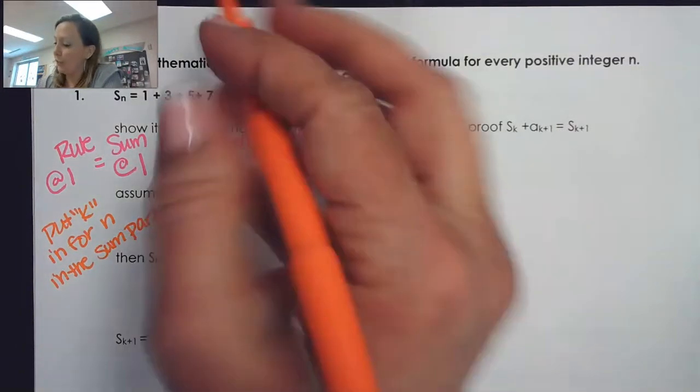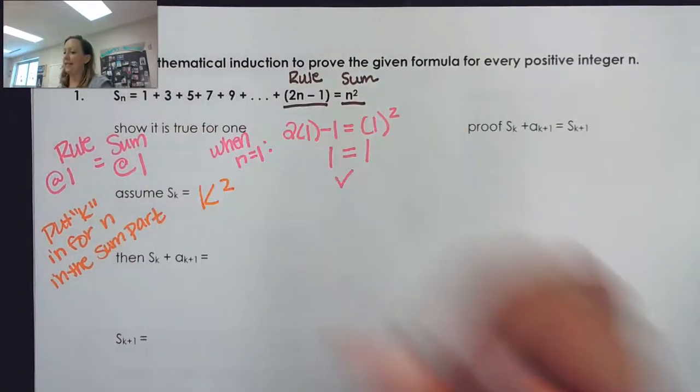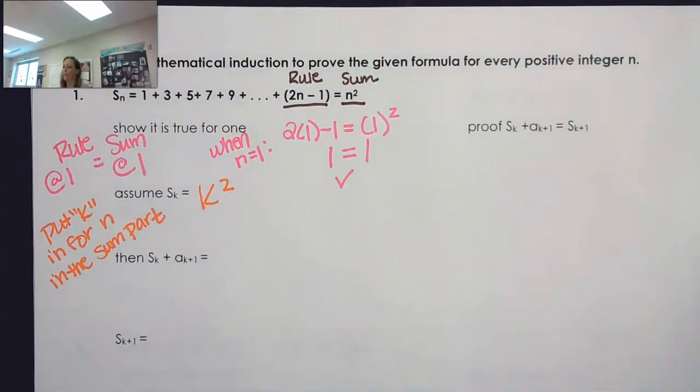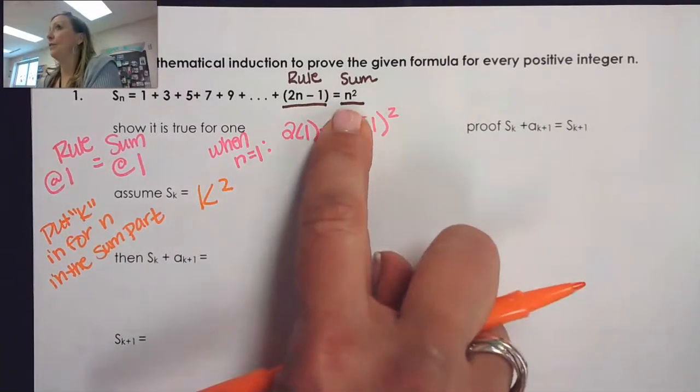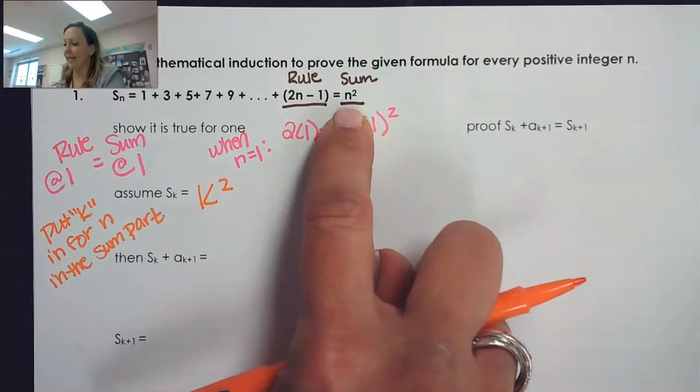So we're going to assume that S sub k equals k squared. So put k in for n in the sum part. So the sum part was this part, right? The n squared part here. So because our sum was n squared, we're going to replace n with k. That's k squared.